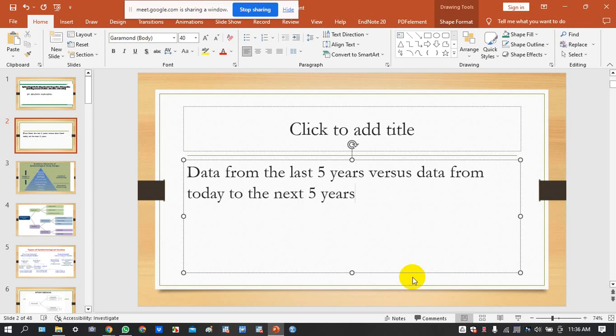This study design will become what? The reference point is today, so looking back 5 years becomes retrospective.